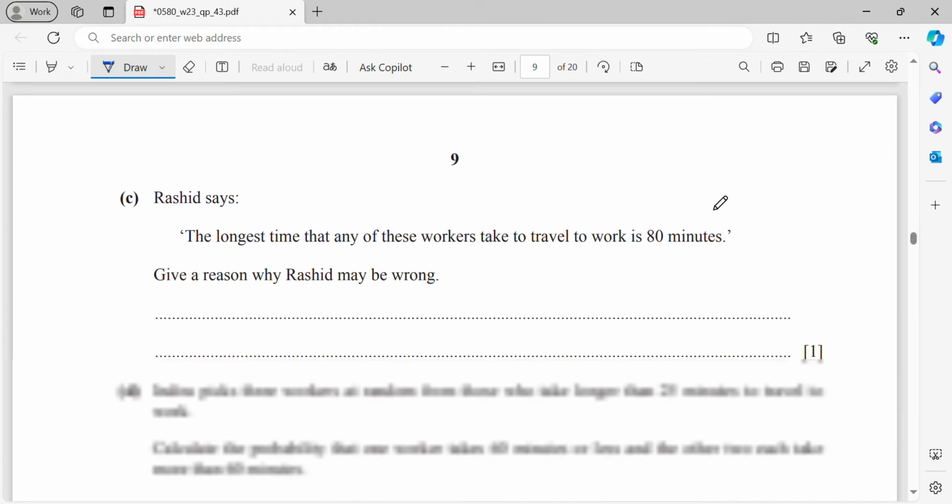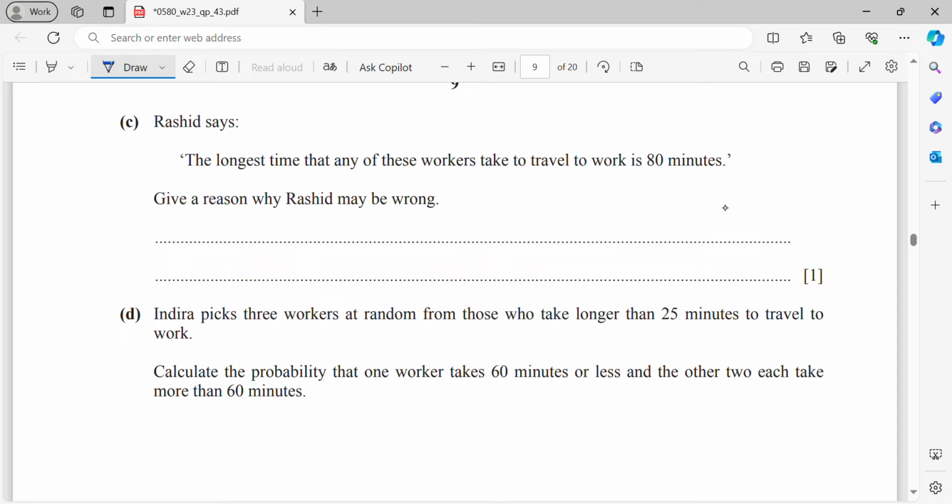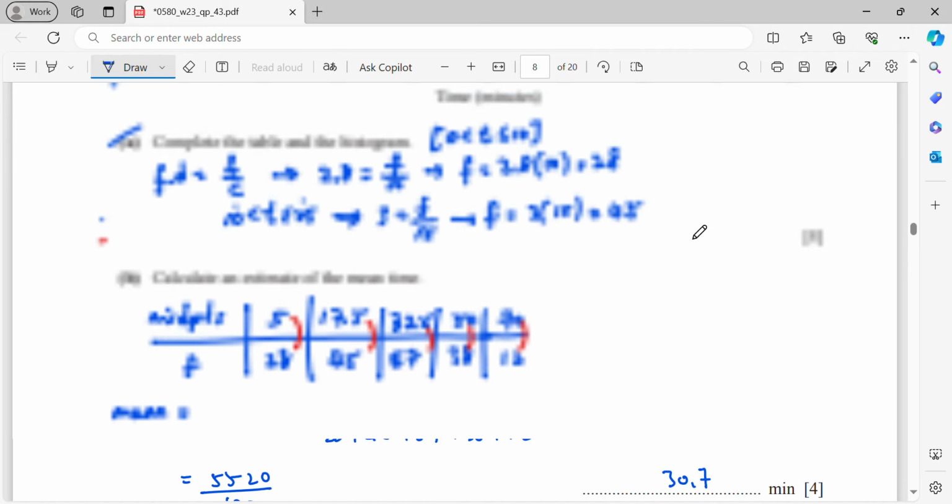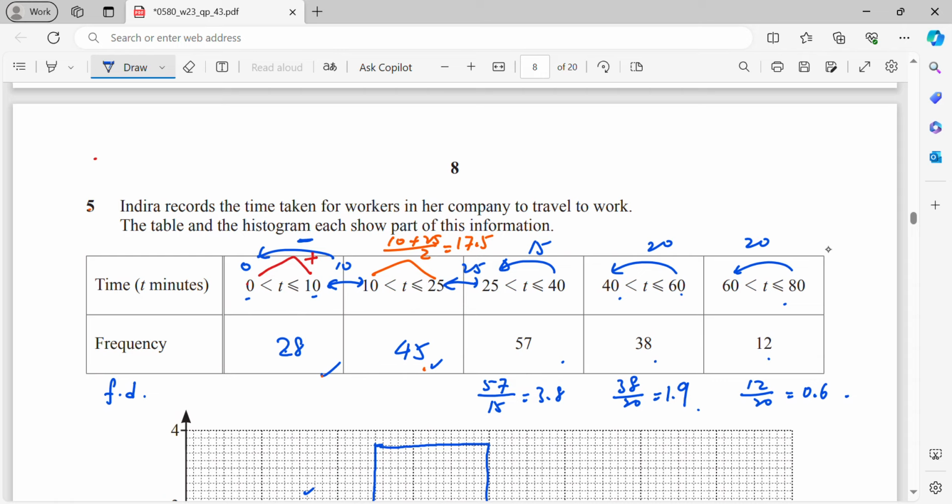Okay, now next question, C. Rashid says the longest time that any of these workers take to travel to work is 80 minutes. Give a reason why Rashid may be wrong. When you look at the table, even though the class here is 60 to 80, we are not sure of the exact value.